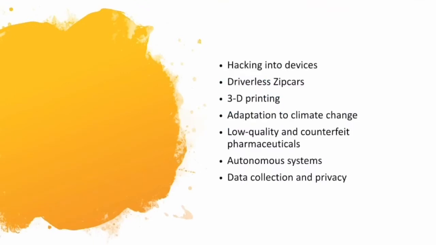For example, you can see now what are the possible things that can lead to ethical dilemmas. For example, hacking the devices, purely unethical. Driverless cars, 3D printing, adaptation to climate change, low quality and counterfeit pharmaceuticals, autonomous systems, data collection and privacy.